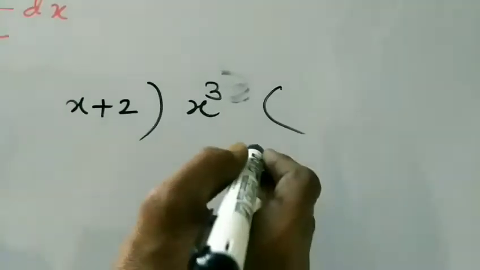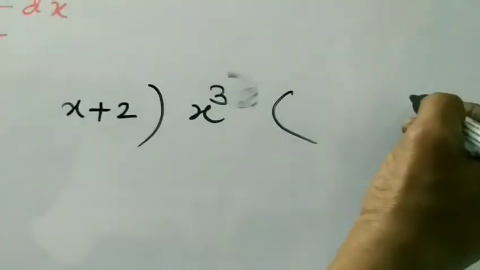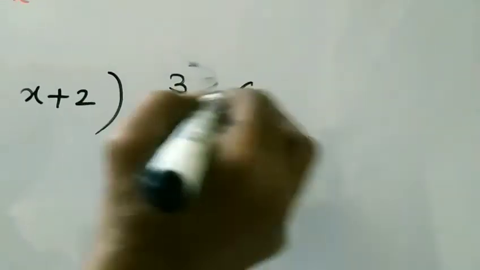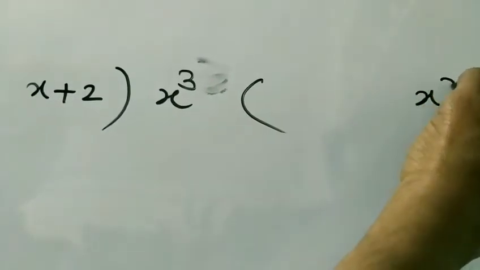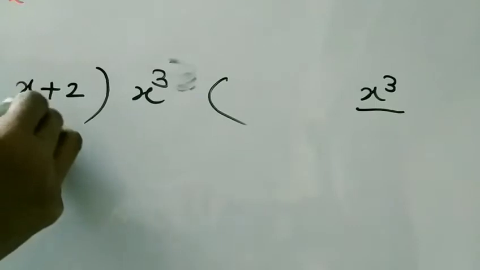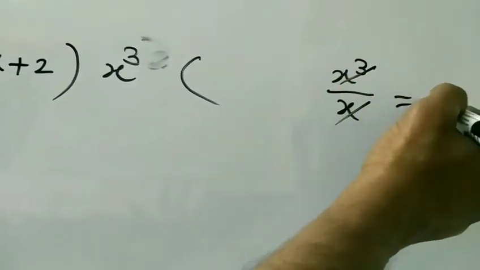So here x cube by x, after cancelling it becomes x square.